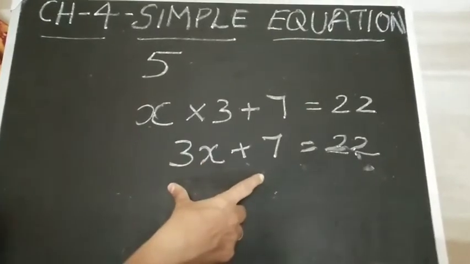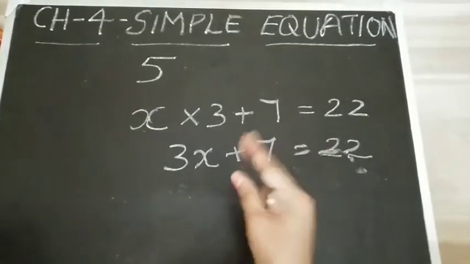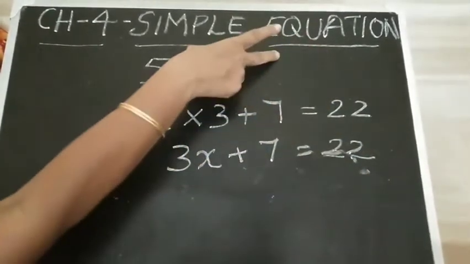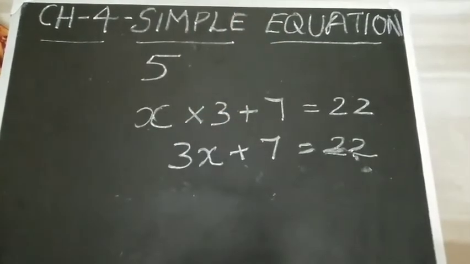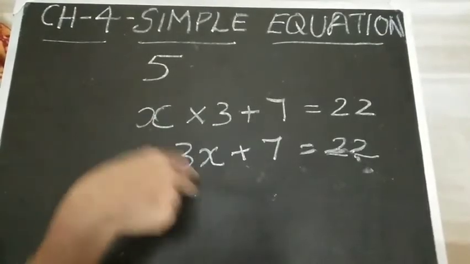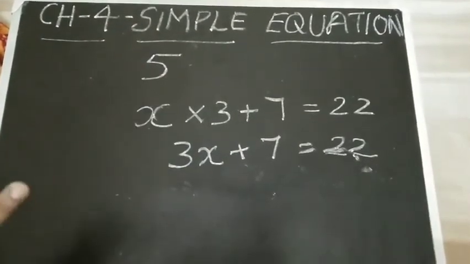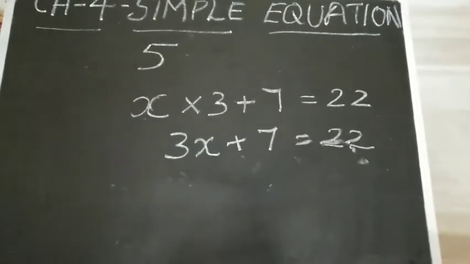When an expression is either equated to a constant or to another expression, it becomes an equation. That's what we call a simple equation. I will tell you how I found out the number. That is not a concept now. You understood what is an equation.